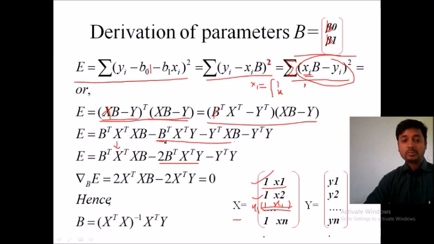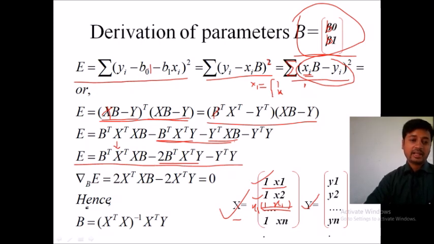I leave it to you to verify it. Just take an example of x, y, b given, having these three matrices, and verify whether both are the same. So both are the same. Now this is our final expression of total error associated with the regression line.